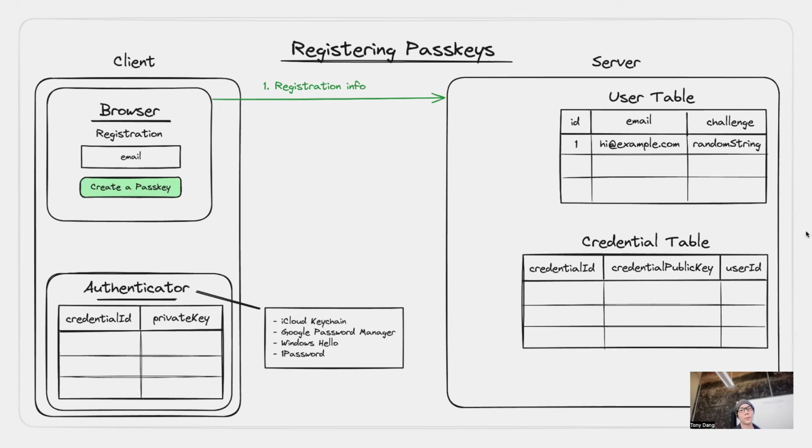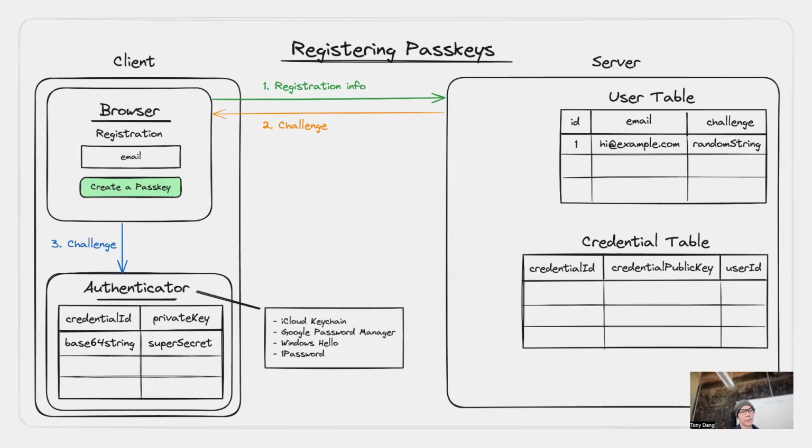The server will add it to the users table, and at the same time, create a random challenge string. Once the string is created, it will send back the challenge string to the client. And then our JavaScript on the browser side will make a call to our authenticator. So this is when we are prompted to use our biometrics.